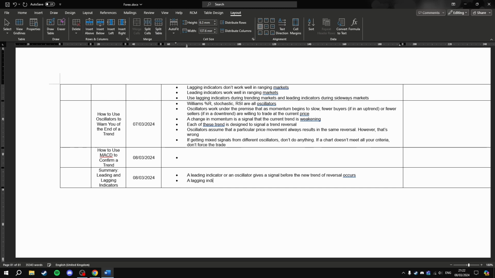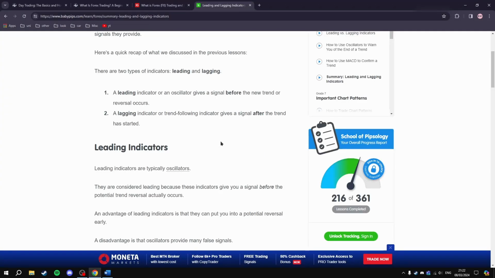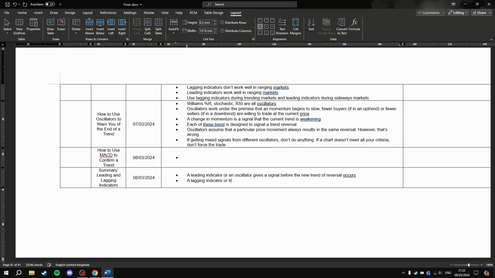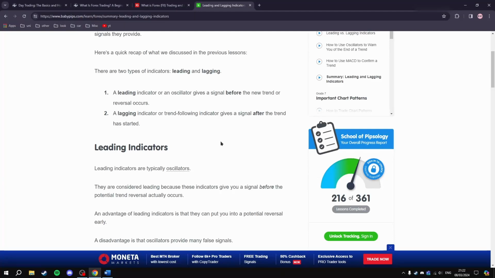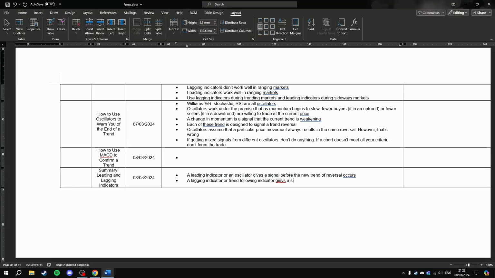A lagging indicator, or trend following indicator, gives a signal after the trend has started.